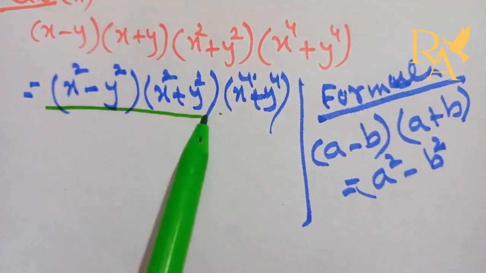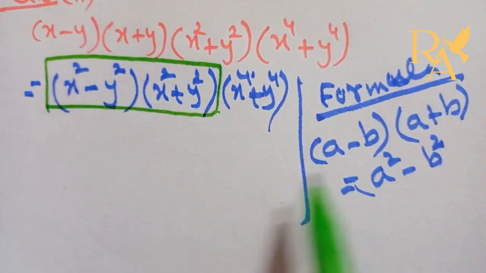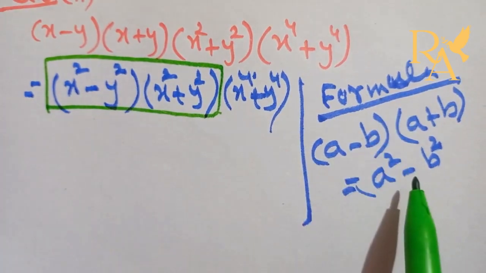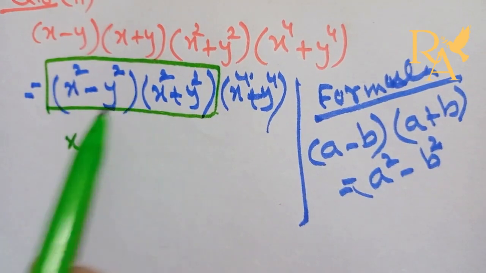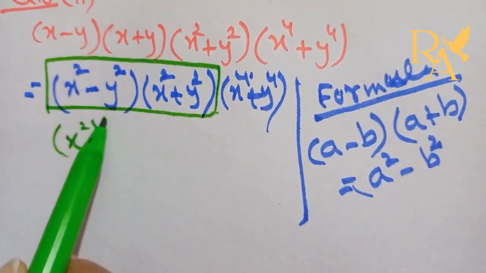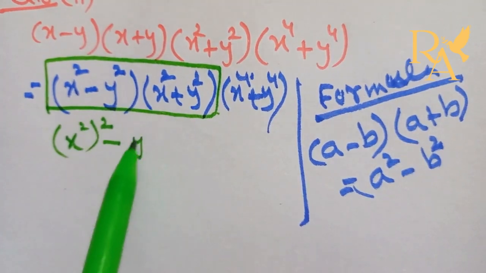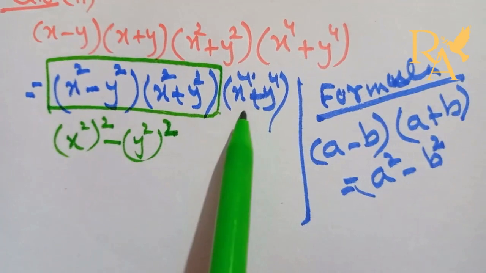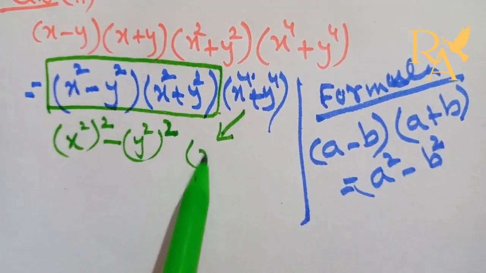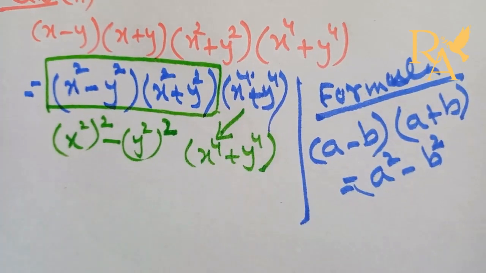By solving this section, again we are using the same formula: x square whole square minus y square whole square, keeping these values same, x power 4 plus y power 4.